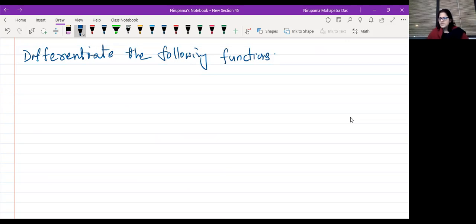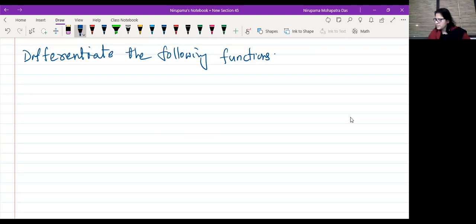If in the question you are given to differentiate the function using first principle, then you have to use the definition of the derivative. But if it is written, differentiate the following functions, then of course you have to apply whichever algebra of derivatives is applicable there and also the formula.